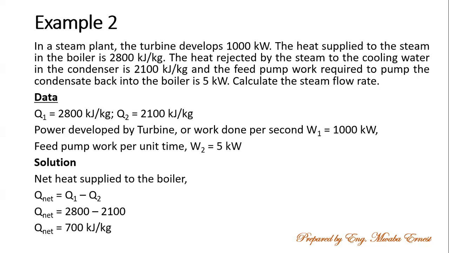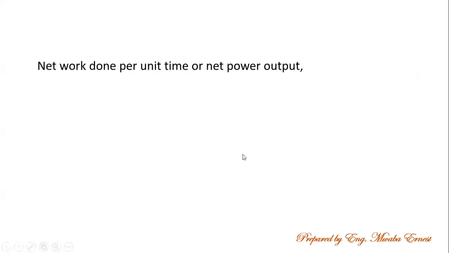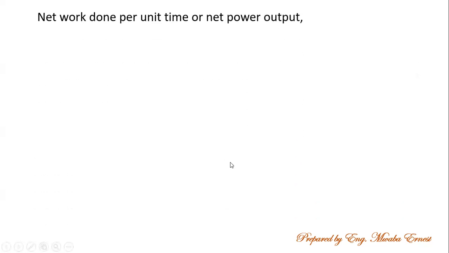Now, let's finish up, because the question is asking for the mass flow rate. We're done with the heat. Let's now deal with the work per second, or the power. Net work per unit time, or simply net power output. Here we subtract the power used to pump the condensate back to the boiler from the power developed by the system.